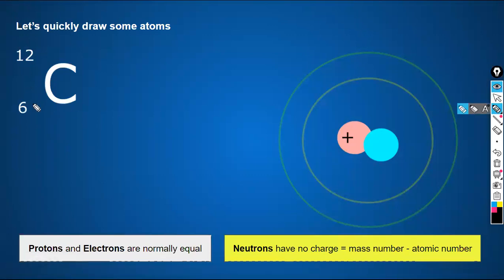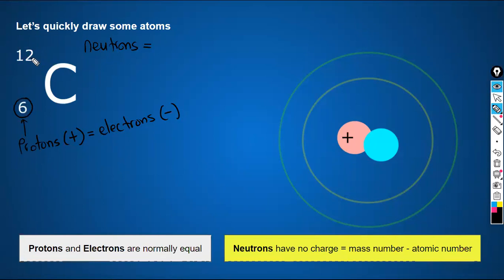So remember, when it's written outside the periodic table, the small number is usually the amount of protons. Protons have a positive charge, and of course, protons are supposed to be equal to what? Electrons, which have a negative charge. The number of neutrons is the big number minus the small number.